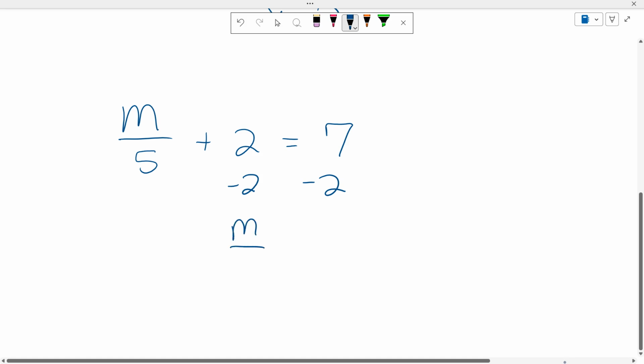So M divided by 5 equals 5. Because 7 minus 2 is 5. Then what do we do to both sides? If it's M divided by 5, we have to multiply. So M equals.